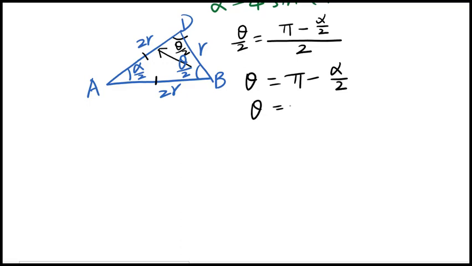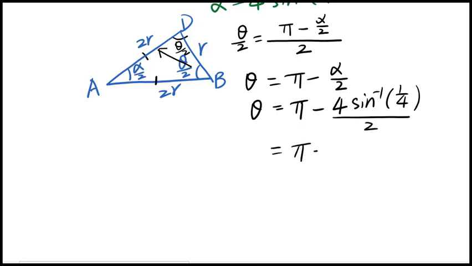And we will plug in this alpha we already figured out, that is 4 times inverse sine of 1 over 4, then over 2. You will get pi minus 2 times inverse sine of 1 over 4. You can use either one to plug into the calculator.